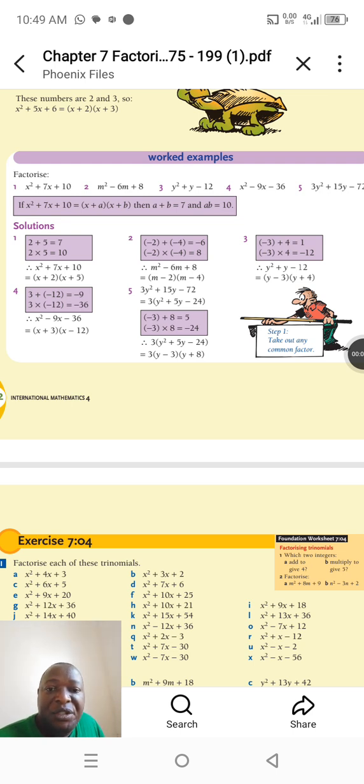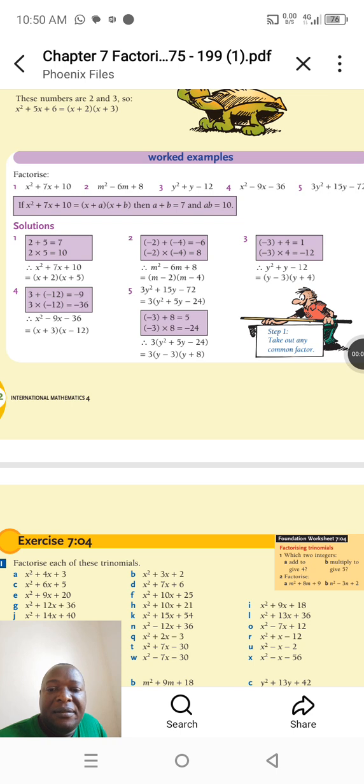So which two numbers, when you multiply, you get negative 12, and when you add, you get 1? It's negative 3 and 4. So negative 3 plus 4 is 1, and negative 3 times 4 is negative 12. So the factorized format of the expression is going to be y, which is the variable, minus 3, the identified number, into y plus 4, the second identified number.